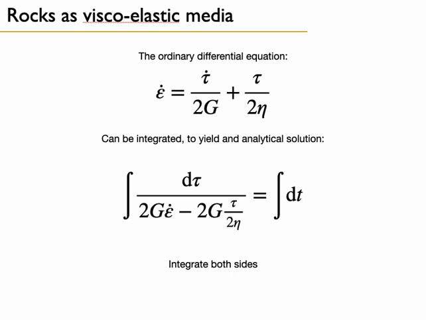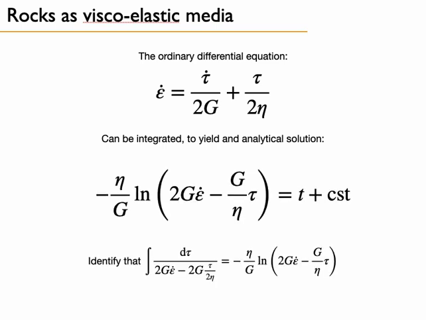Now it's time to integrate this equation. So we will integrate both sides. The right-hand side is easy, so we want to integrate dt as a function of time. So this will lead to t plus a constant.